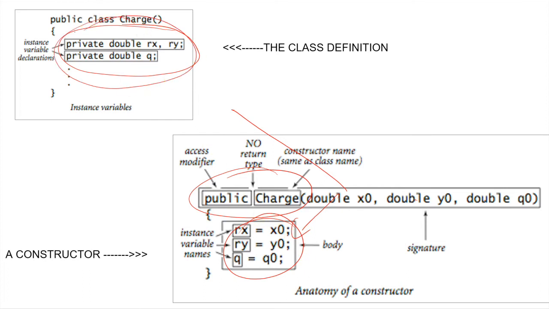Now, perhaps if I want to clarify that I'm talking about instance variables here, a nice way to do it is to use the this keyword: this.rx equals whatever, this.ry equals whatever, and this.qq equals whatever. You'll see a little bit more on that later on.